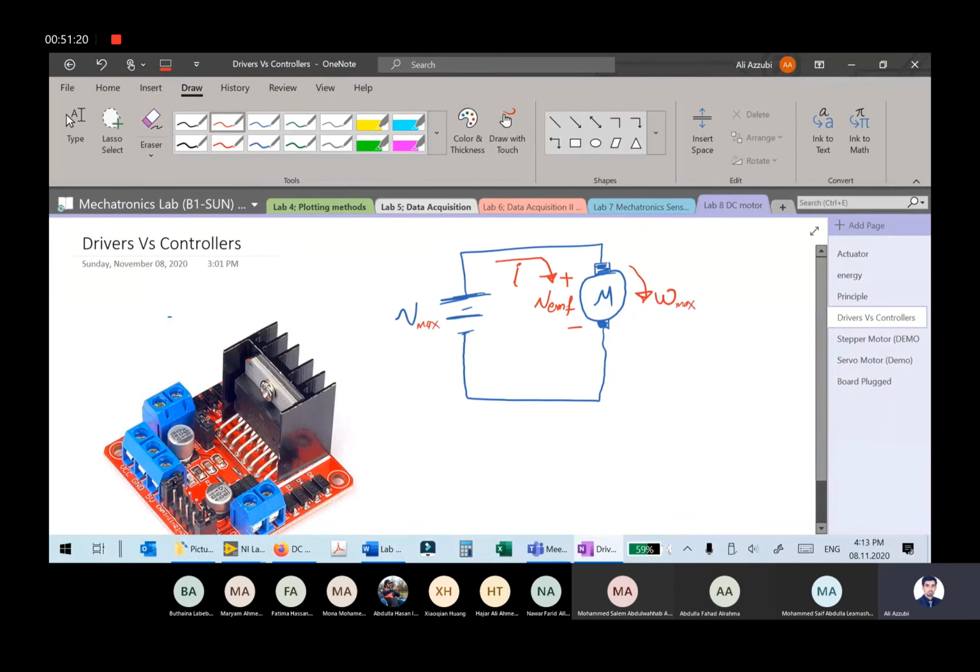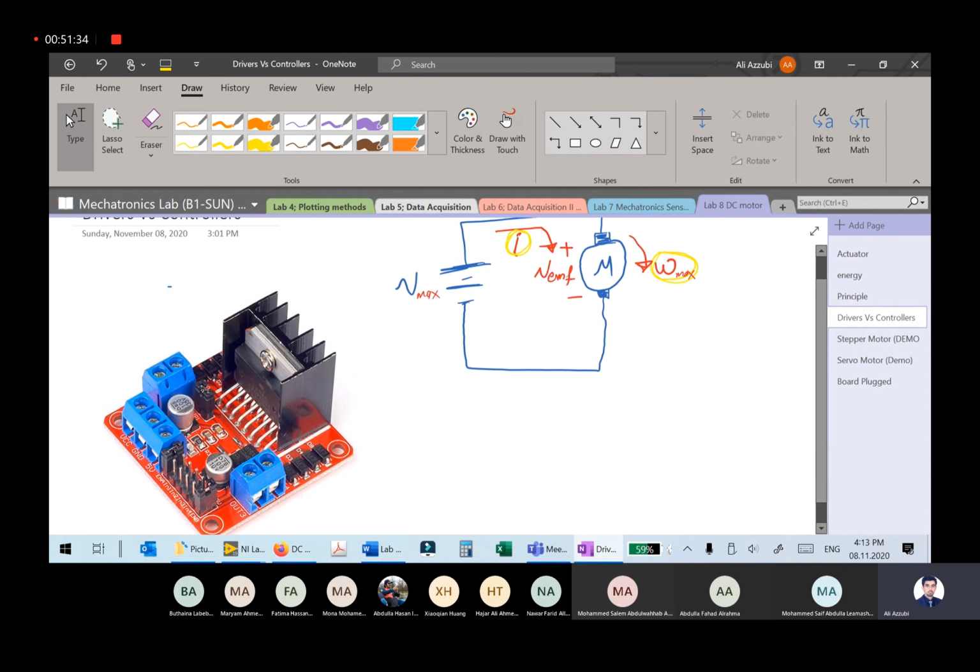Now, if you want to control the current, this is the control of DC motors. I want to manipulate the current, and consequently I can manipulate the speed of the motor. In that sense, you will need some driver circuitry. So this is a driver circuit. What is a driver circuit?